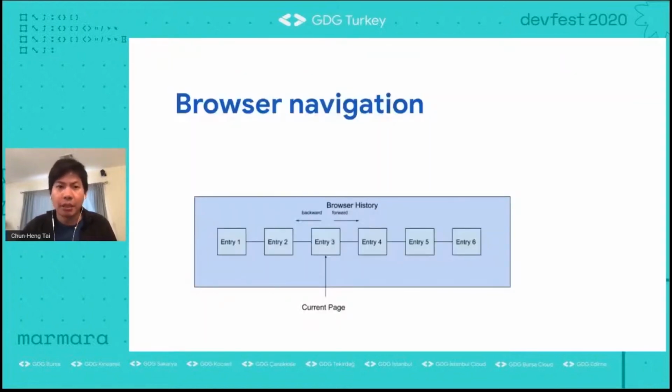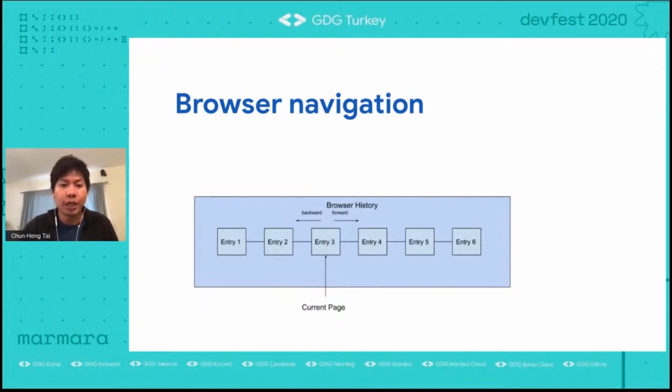to explain that, we need to talk about the browser navigation first. First, this is not specific to Flutter. This is for web applications in general. The browser keeps a browser history, and in the history, it stores a list of entries. It also has a pointer to what the current page is on.